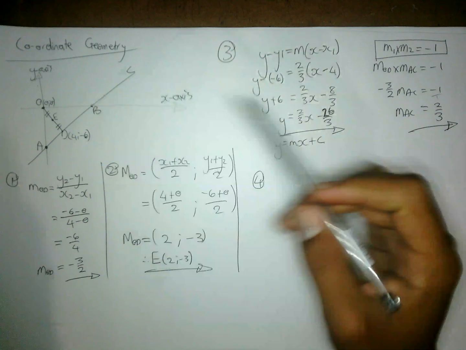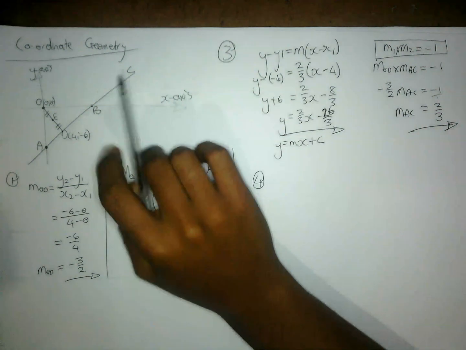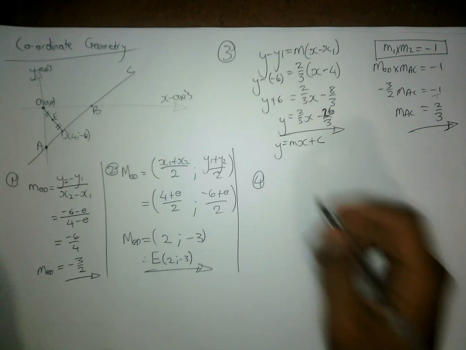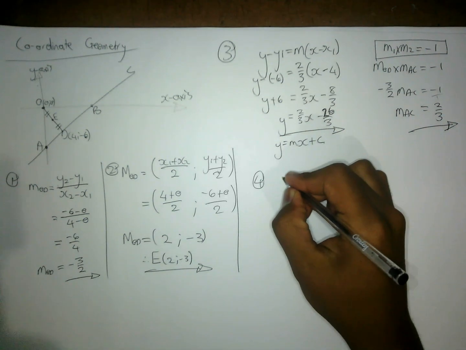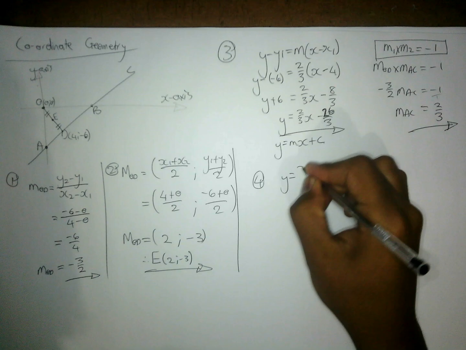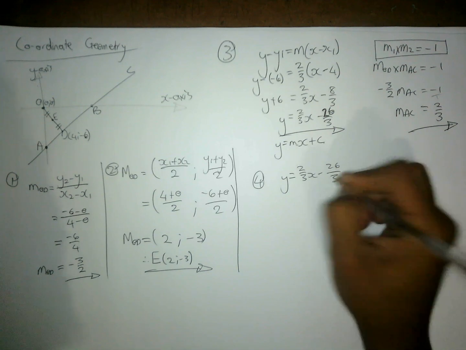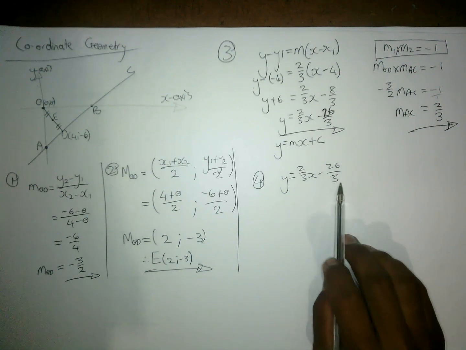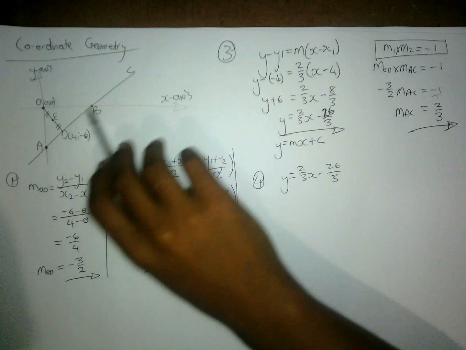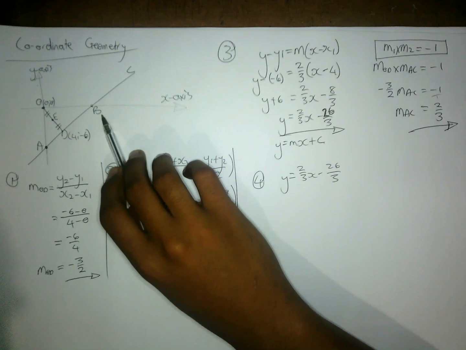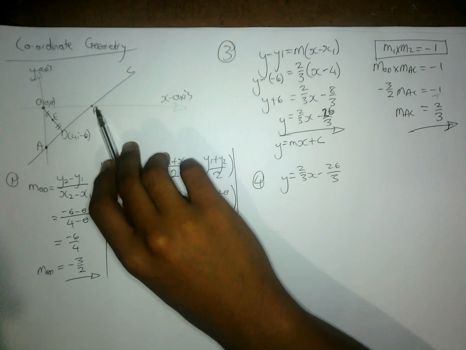So we have the equation of this line. So I think all we really need to do is to say this now. So we have y equals 2 over 3x minus 26 over 3. This formula is the formula of this line AC over here, and we need the coordinate of that point B. And we have the y value, which is a 0.